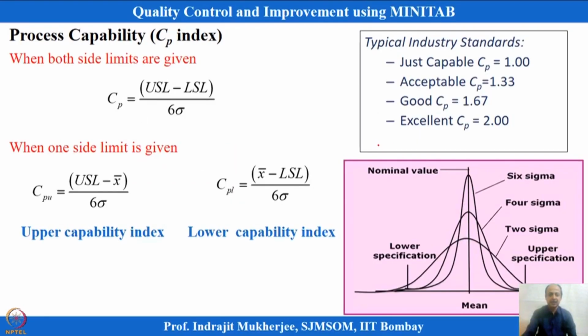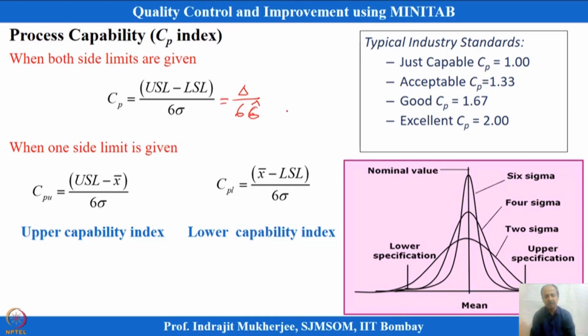Okay. So, index Cp is expressed as tolerance divided by the voice of the customer, and this is the voice of the process, which is known as 6 standard deviation, and the standard deviation may be estimated over here. So, this is the expression for this.